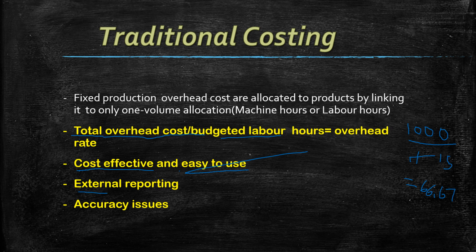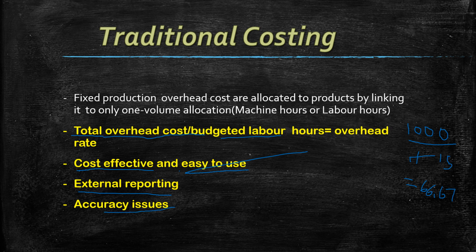One of the other advantages is that it can be used for external reporting. When you compile your financial statements, whether it be the profit or loss statement, balance sheet, or your statement of cash flows, this kind of system is acceptable under GAAP or the IFRS international reporting standards.